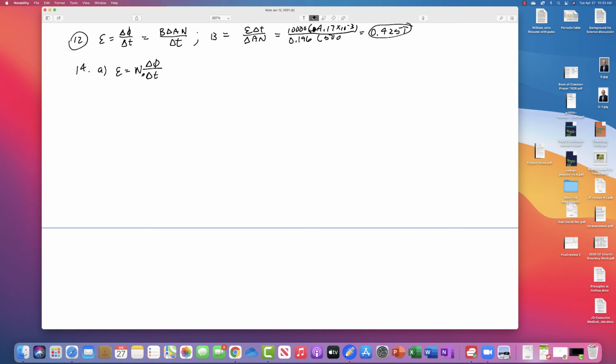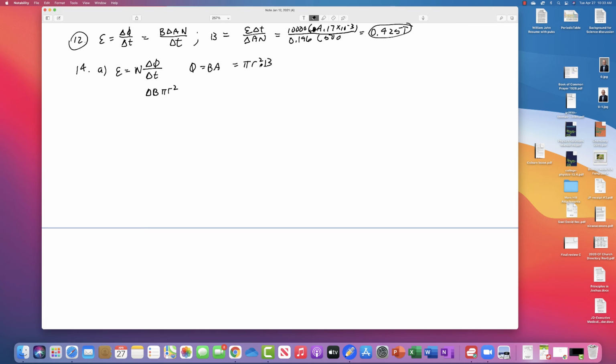And psi is equal to B times A, which is equal to pi r squared times B. So we can put this in and say that delta psi is equal to delta B times pi r squared.